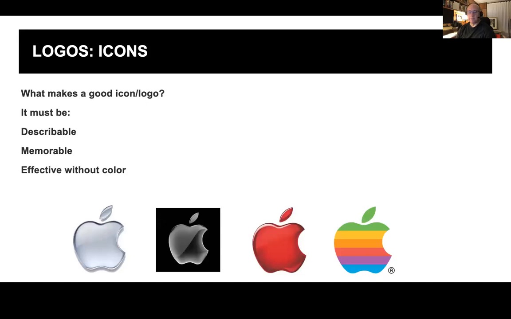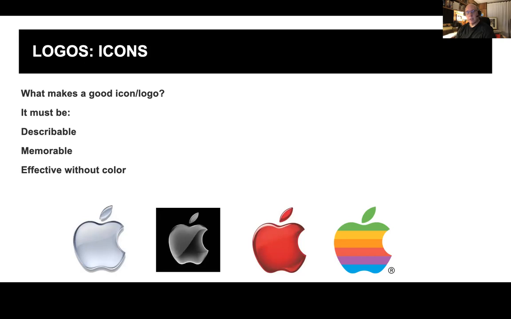Can you think of an icon-driven logo? Apple? Apple, that's a great example. Nike. Nike's a good one too. Nike is so icon-driven that they don't really use the type much, but that's because of years of money spent promoting it.